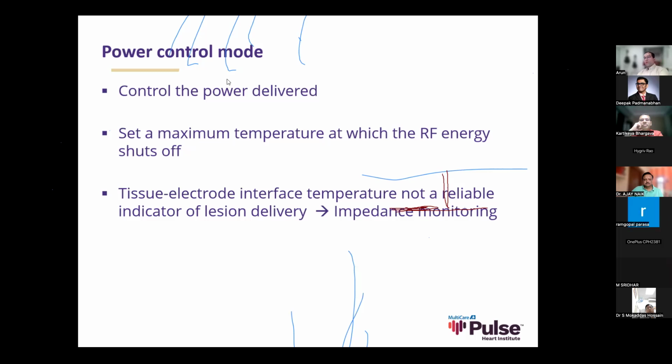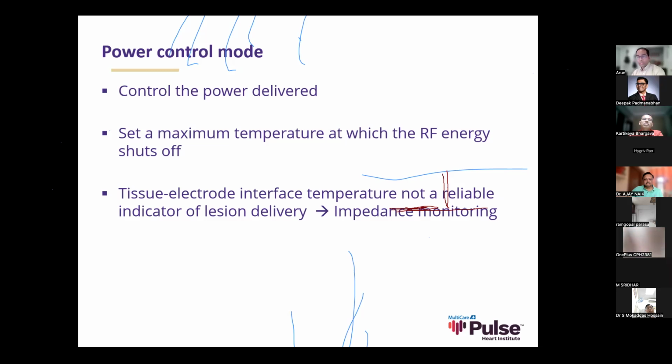So when irrigated catheters became more popular, we had to develop another mode of controlling the RF ablation. You can't rely on temperature anymore, so there is no value for temperature control mode. So then you start using power control mode. You still have a maximum temperature at which RF energy cuts off, but what you're controlling is the power.